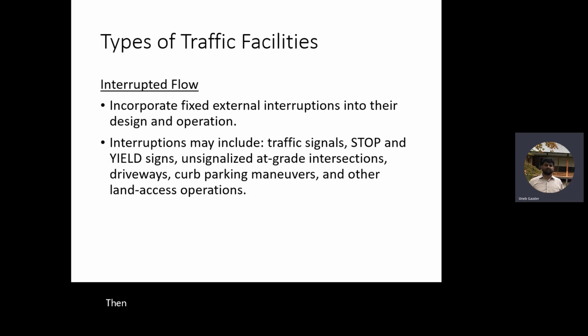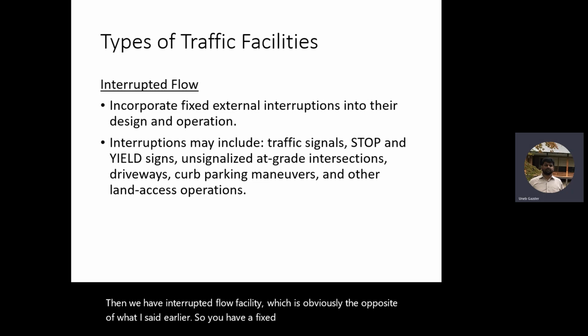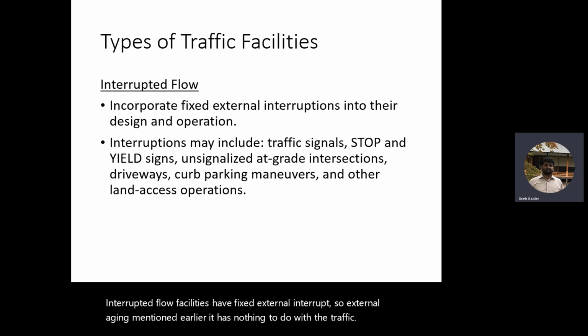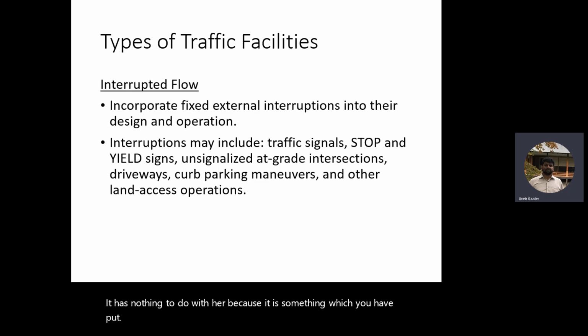Okay. Then we have interrupted flow facility, which is obviously the opposite of what I said earlier. So you have a fixed external interruption in these facilities. Interrupted flow facilities have fixed external interruption. So external, like you mentioned earlier, it has nothing to do with the traffic. It has nothing to do with the vehicle. Okay, it is something which you have put, independent of the traffic.